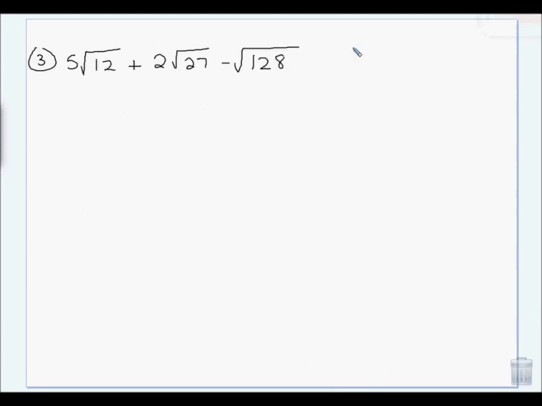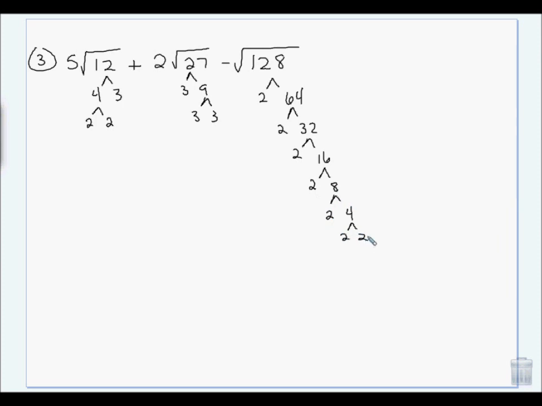Add and subtract in the same problem. So this one I can bring out 2 2s. Here I can bring out 3 3s. And I have 1, 2, 3 pairs of 2s from 128.